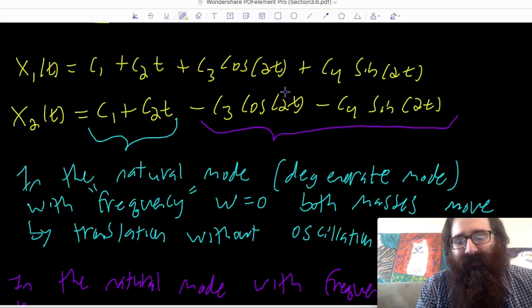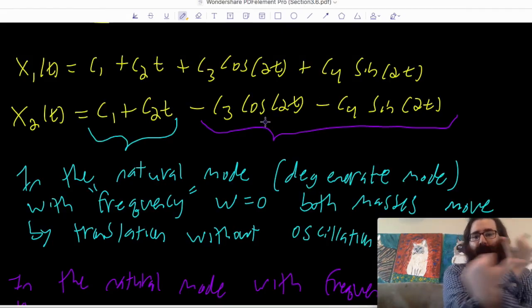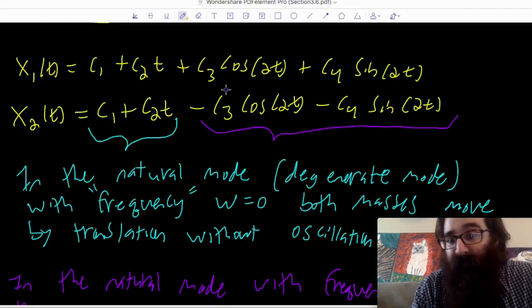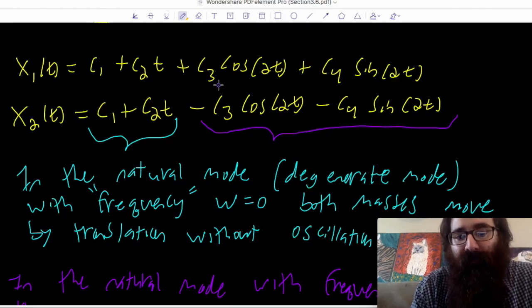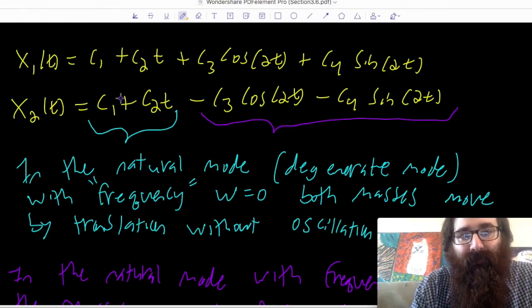But when we have cosines and sines, we're looking at a couple things. Is there any difference in the coefficients by magnitude? And is there any difference by sign? If there's a difference by sign, like here we have positive versus negative, that means opposite directions. If there's a difference in magnitude, which this is not a great example of that because there isn't, that means a distinction in amplitude. So here we're saying for the linear pieces, we can compare, trying to compare apples and apples and oranges and oranges.